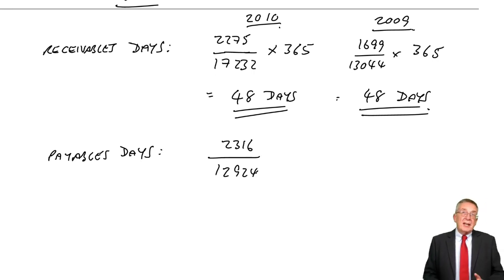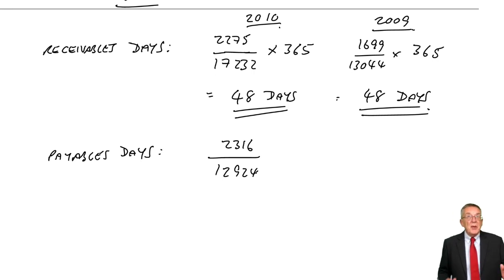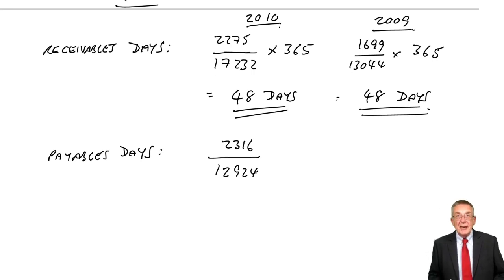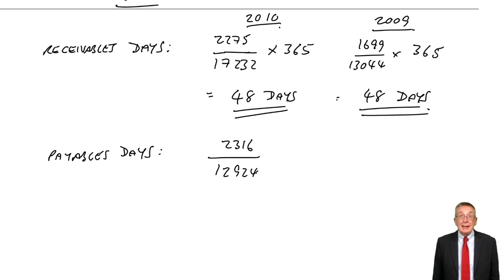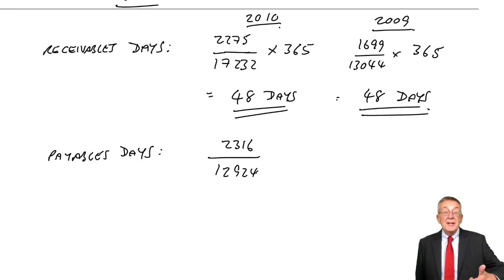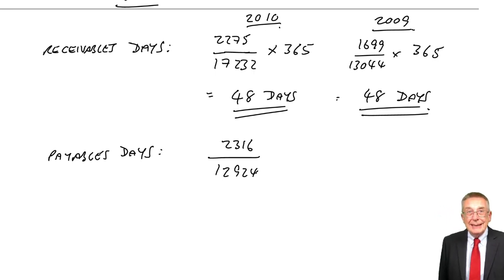Now some people say, oh, but I can work out purchases, because if I know the opening and closing inventory, and we know what the cost of sales was, we can work out the purchases. But again, the problem is, although you could do it for 2010, you can't do it for 2009. There isn't enough information. And it wouldn't be comparable. So as I say, if you know credit purchases, use that.